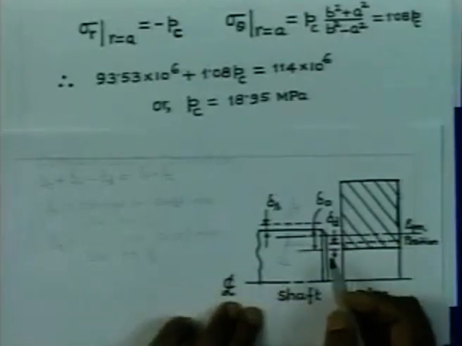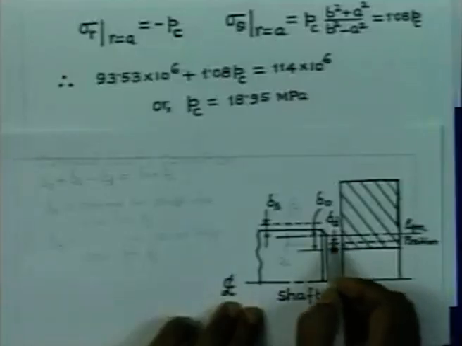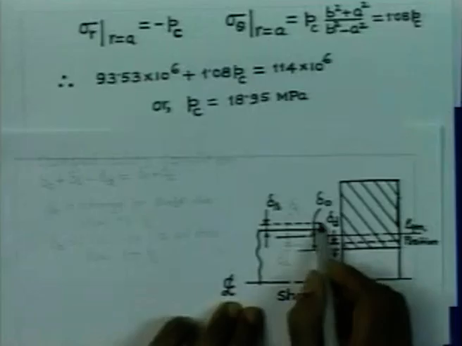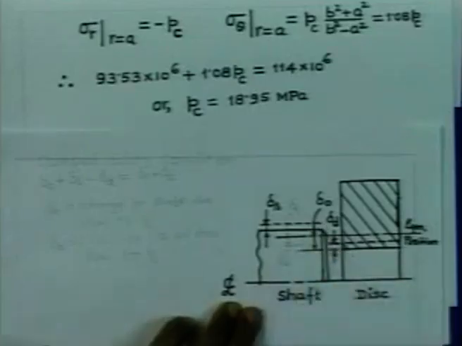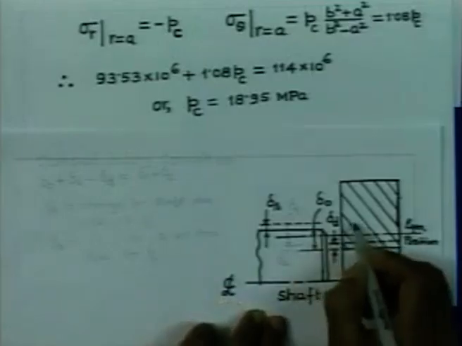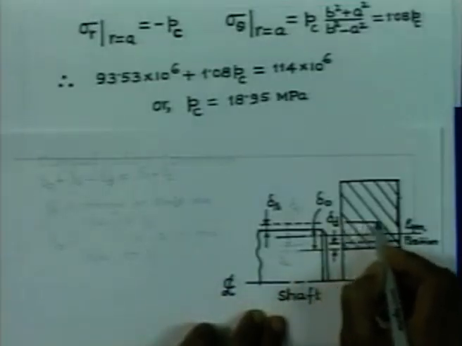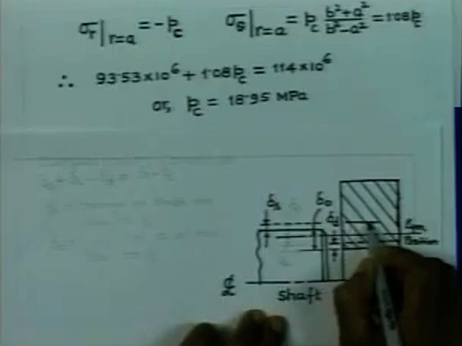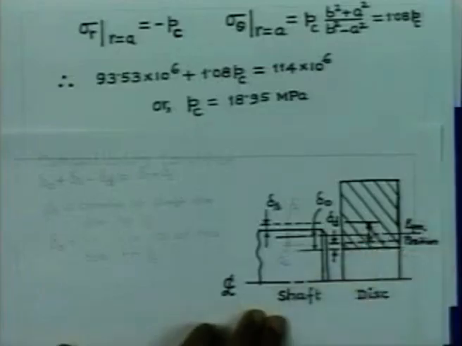So, what we find is that when the two are rotating, then the gap between the two is given by this value. So, that is therefore, at the rotational speed that is given here, the interference that is going to be observed is nothing but this value.